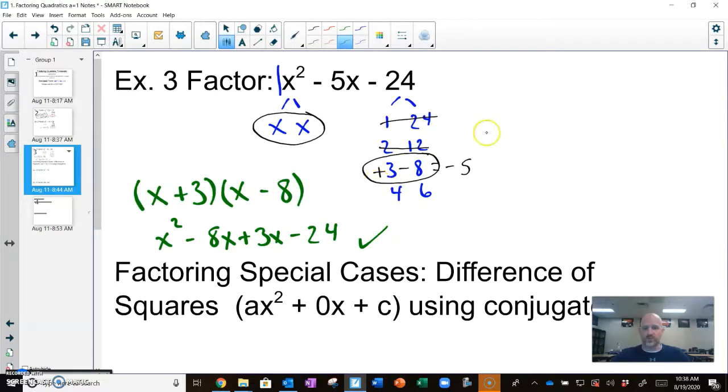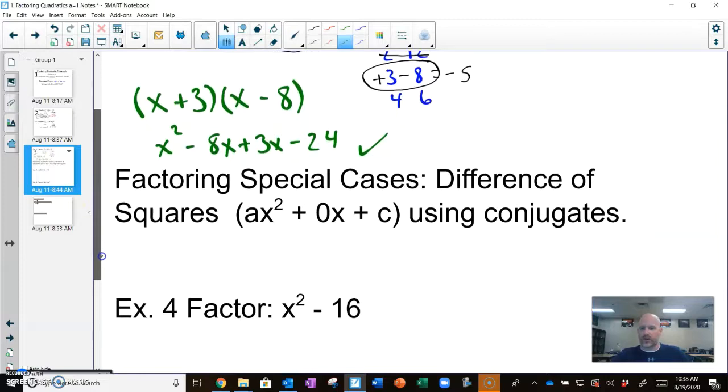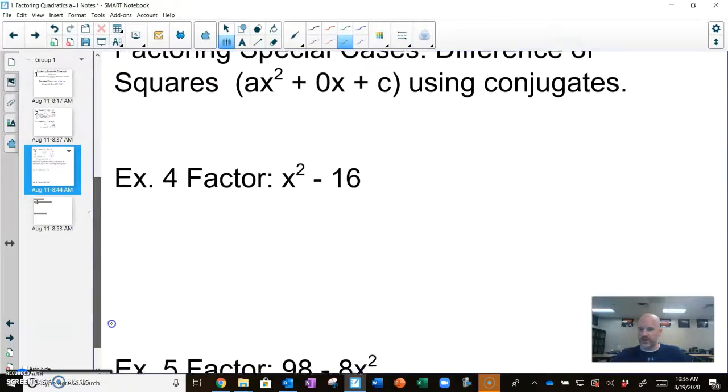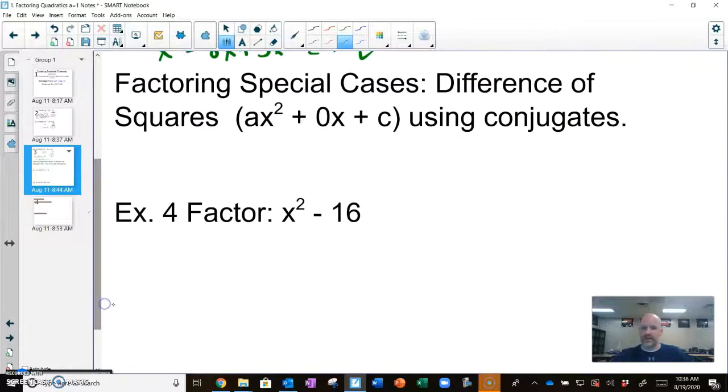All right? So we also have special cases. Special cases are where it's still a quadratic. It's still going to be written in standard form, and it's still going to probably need some sort of pattern or consistency with the factoring.